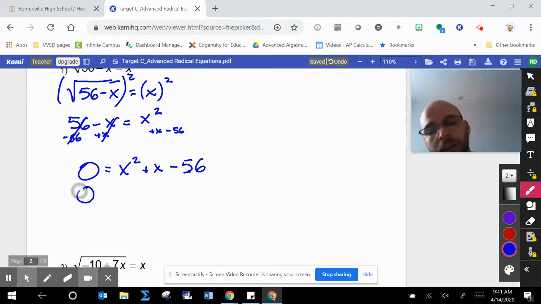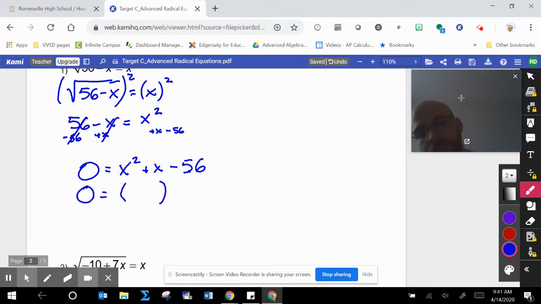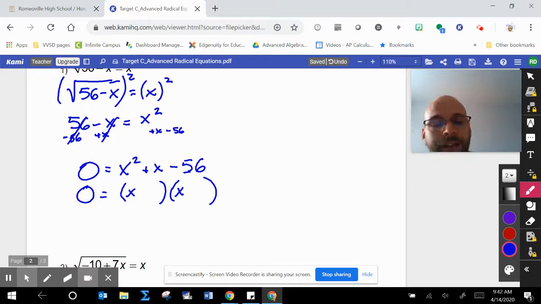So if I do this, I need to know, because I just have x squared here, I know I'm going to have x, and x gives me x squared. What numbers multiply to a negative 56 that add up to a positive 1, that middle term, right? So that's going to be a positive 8 and a negative 7.